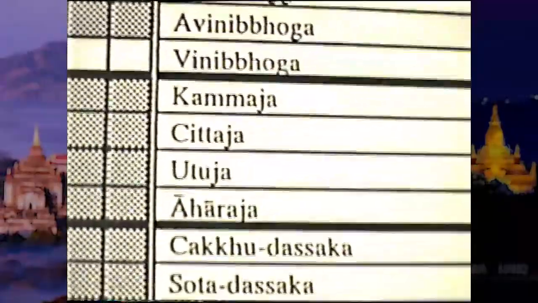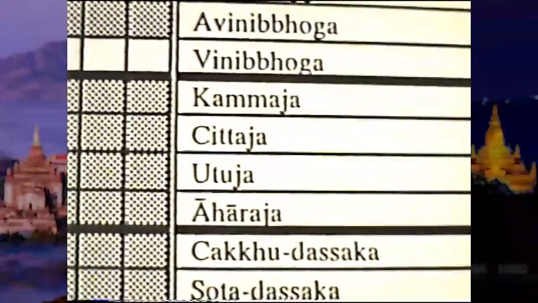And then Aharaja, caused by nutriment: four essentials, Rupa, Gandha, Rasa, Photthabba, Ahara, Akasa, and then Lahuta, Muduta, and Kammannata. So this chart covers four sections: Samuddesa, Vibhaga, Samutthana, and Kalapa. Okay.